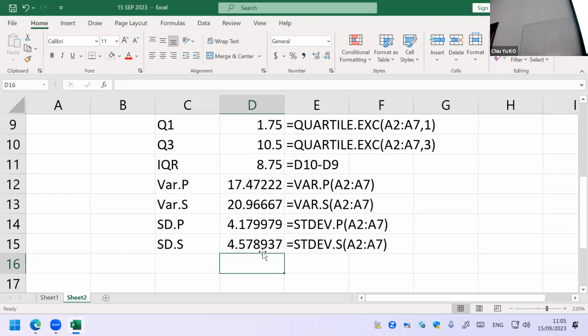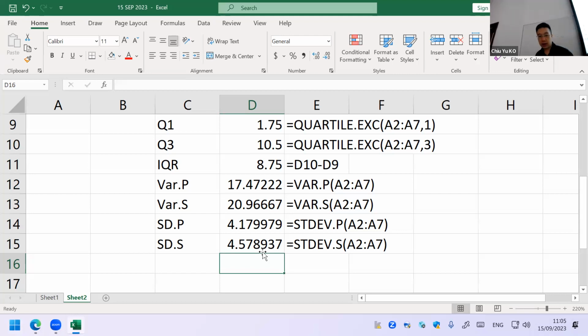So far it's nothing except the quantile being slightly different because you have two inputs: you have to put the data and the quantile. Otherwise, everything is just bracket the data. It's very straightforward, there's nothing very deep here.